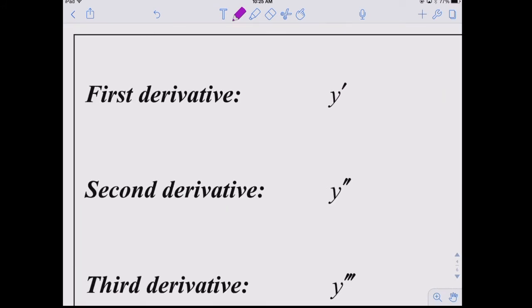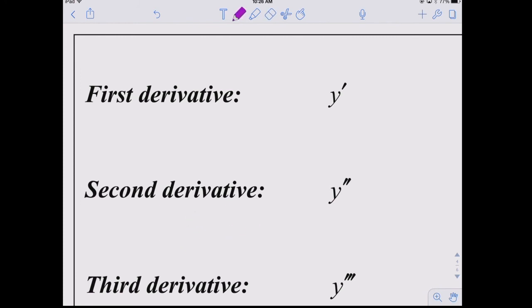If we're just starting with y, then of course we can use y prime, y double prime, and for the third derivative, y triple prime. But once we get past the third derivative, we don't keep putting prime, so we don't say y prime, prime, prime, prime, like you're playing dominoes. We don't do that.